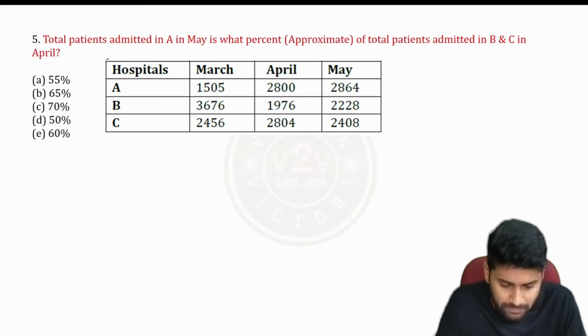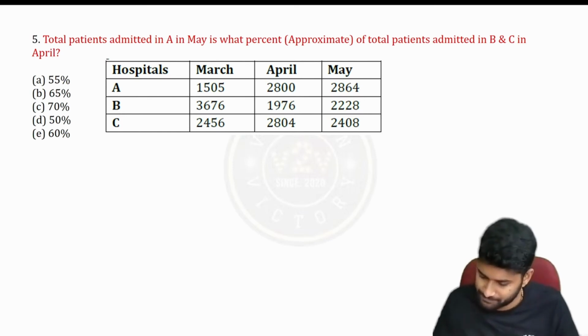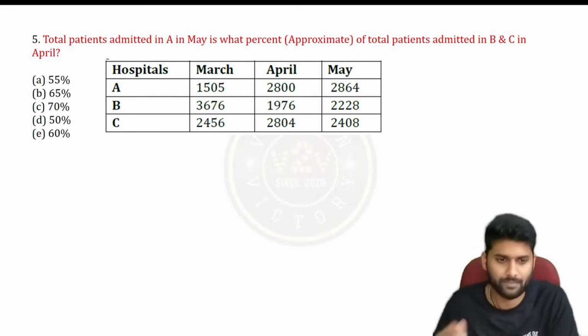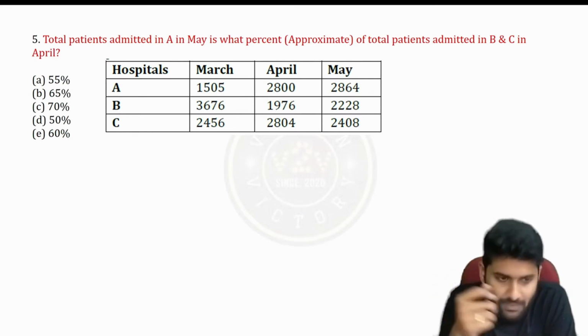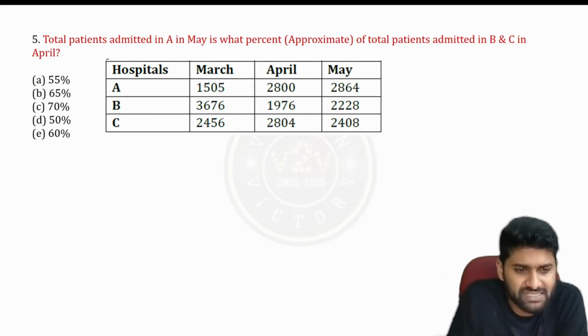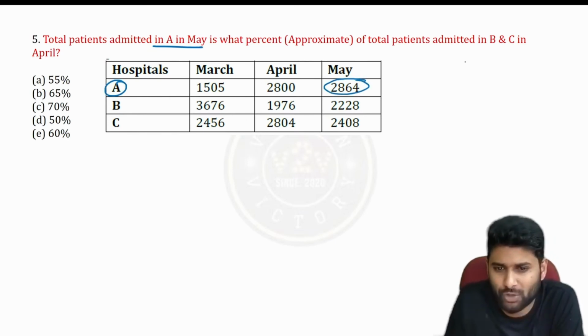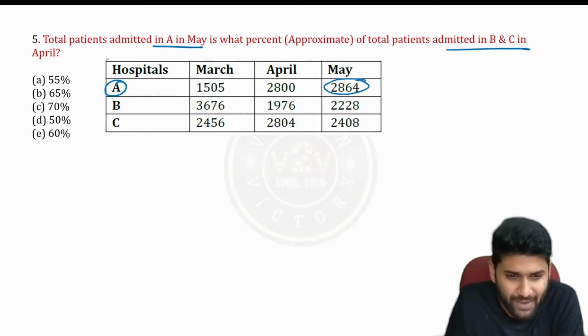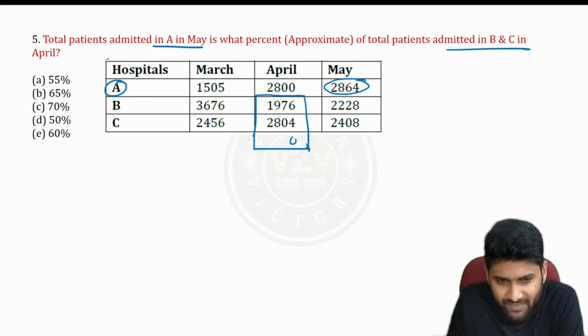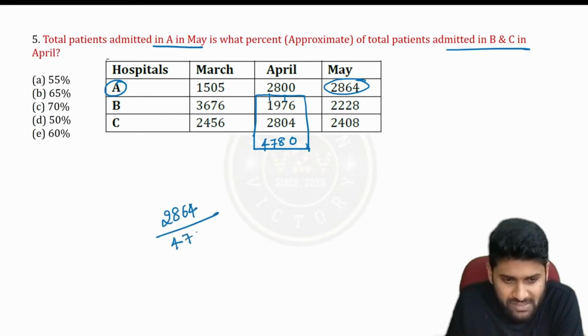See question number 5. Now total patients admitted in A in May, 2864, is what percentage of the total patients admitted in B and C in April? Just find the sum value here. The question is: 2864 is what percentage of 4780?